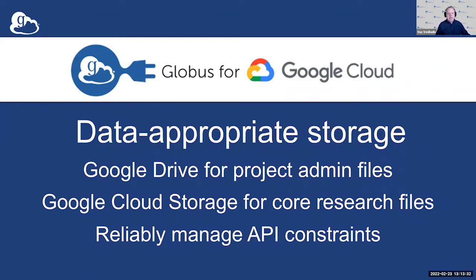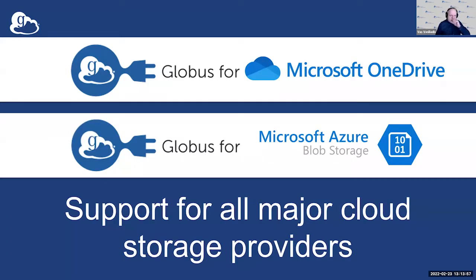When you're doing a large-scale migration, it really helps to be able to hand that off to a service like Globus that can work through those things, back off, come back, and continue working on the transfer, especially when you have tens of terabytes or more of data, which many researchers certainly do nowadays. So that was the one.